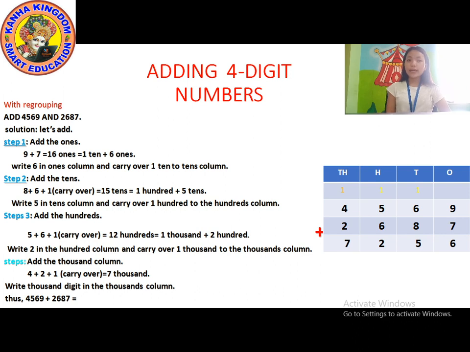So while adding 6, 8 and 1, we got 15 as the sum of these three numbers, right? So 15 tens, because we are adding the tens. 15 tens means 5 is present in the tens place and 1 is present in the hundreds place.